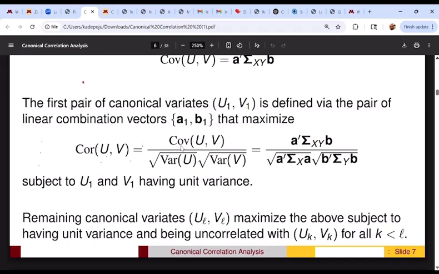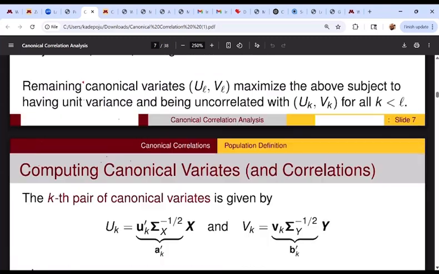The first pair of canonical variates maximizes the variance, and the remaining canonical variates maximize the above variance subject to being uncorrelated. Of course, in principal component analysis, any two principal components should be uncorrelated. Uncorrelated means their covariance is equal to zero. So that's exactly what I mean.